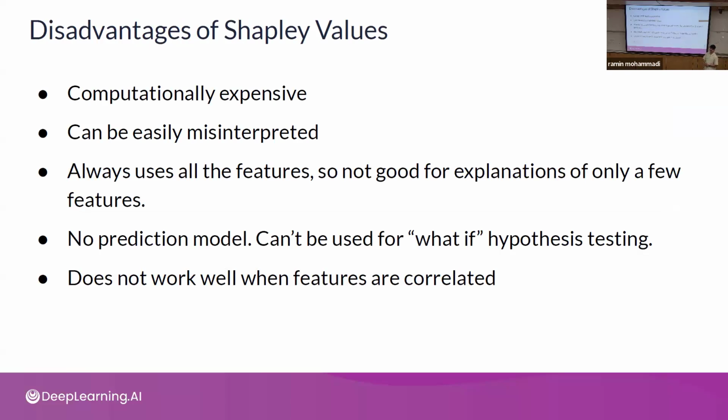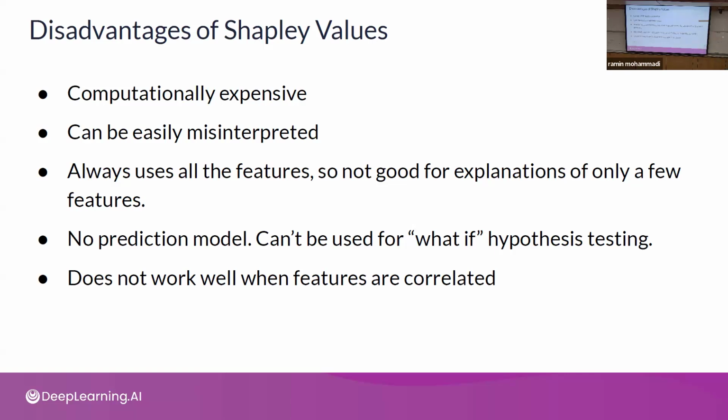It's hard to interpret because, as you see, for that one house we could come up with a series of scenarios. You could easily misinterpret the result. You cannot use it for something like what if I change this? It doesn't give you that option. It's not a predictive model to understand that if you change something, will it increase the result or not? And then it does not work well if the features are correlated.